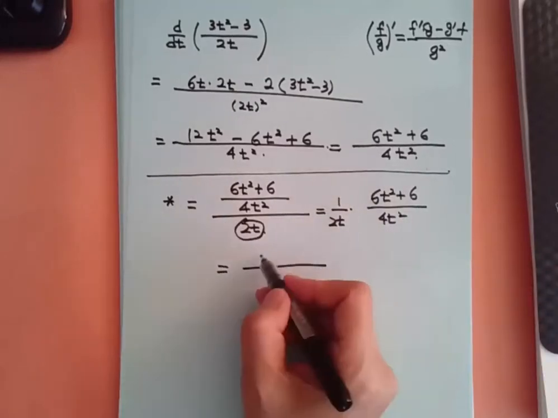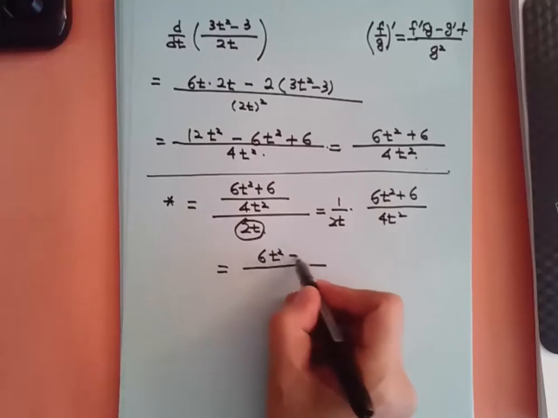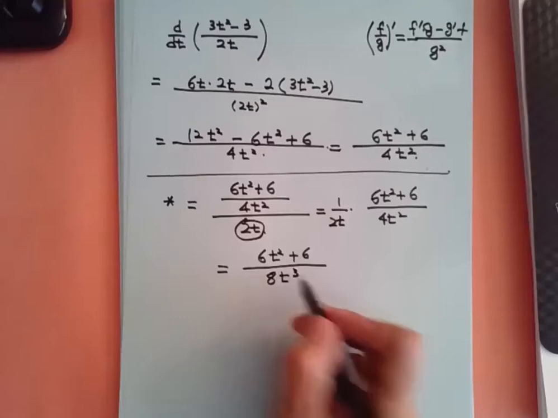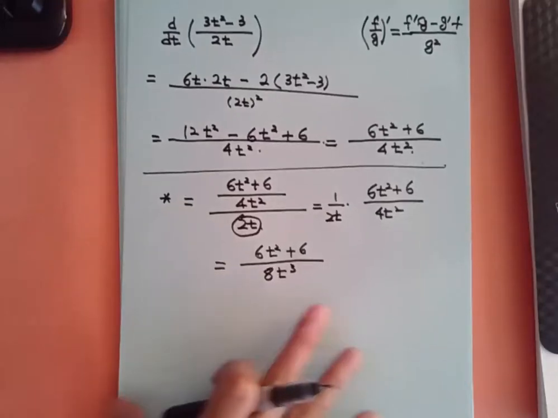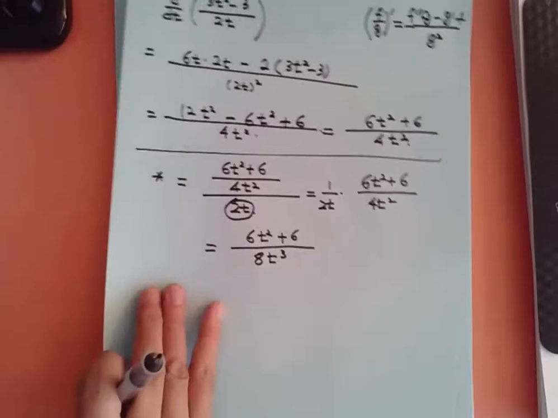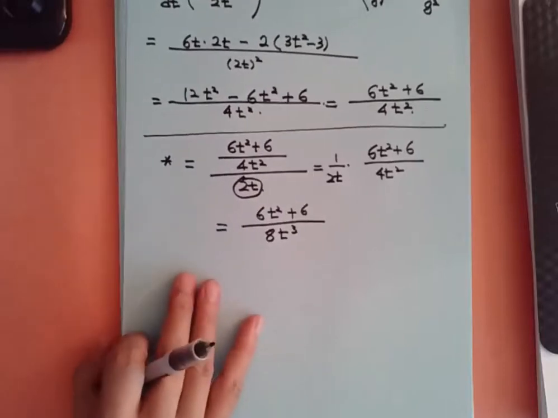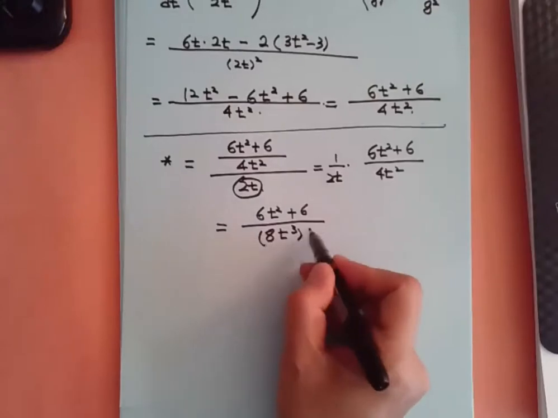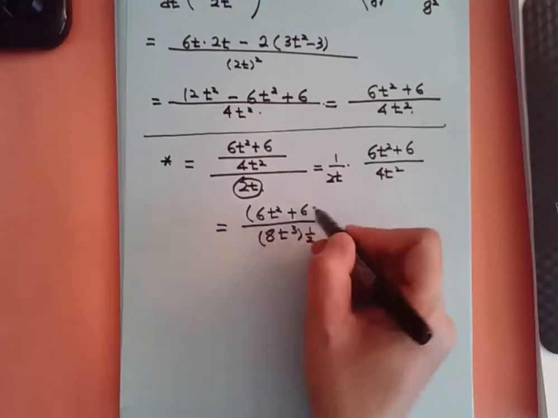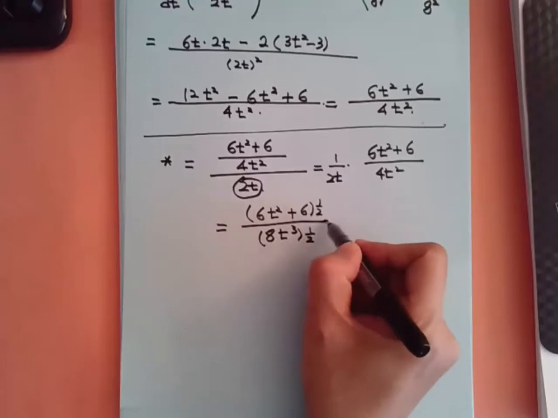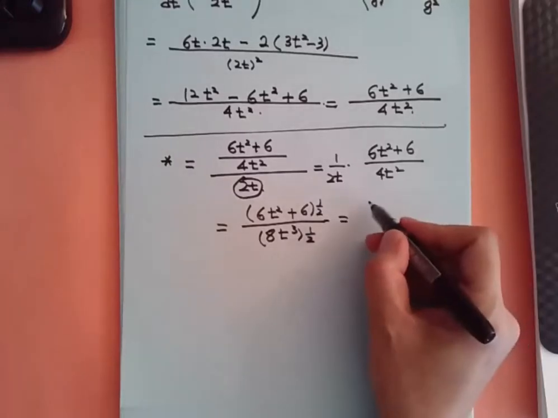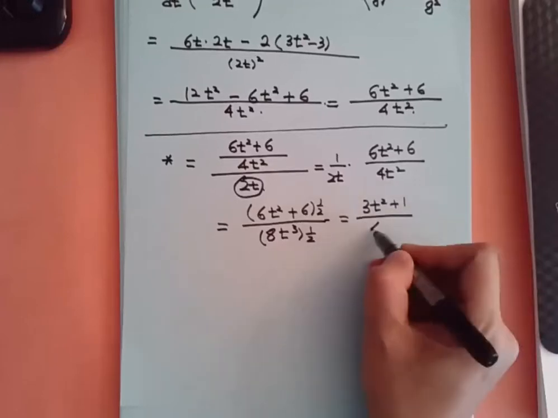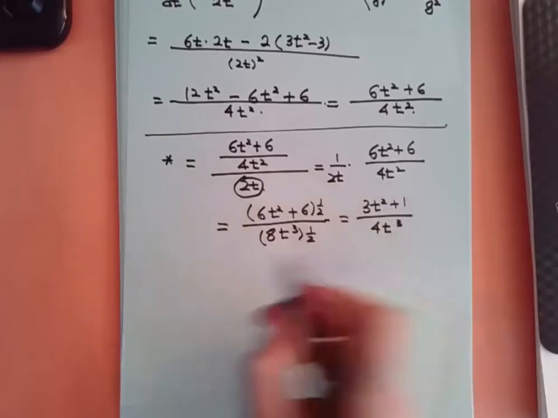So that becomes 6t squared plus 6 over 8t cubed. Then we divide by 2 in the numerator and denominator, and that is 3t squared plus 3 over 4t cubed.